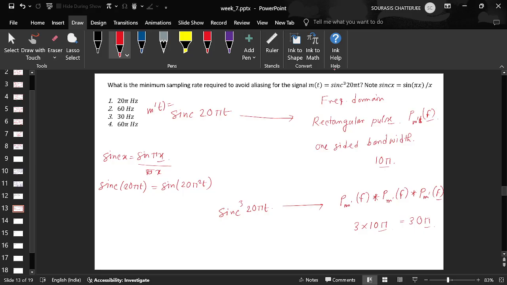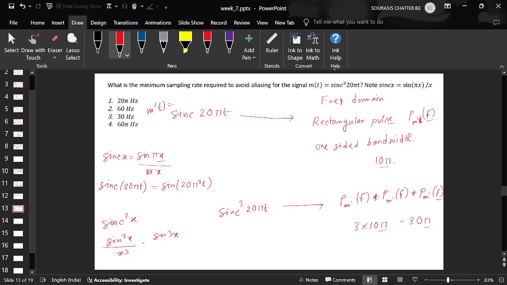You can actually see it from this expression here also, because sinc cubed of some function, let's say x, basically means sine cubed x divided by x cubed, and this sine cubed x you can write in terms of sine 3x plus sine x.